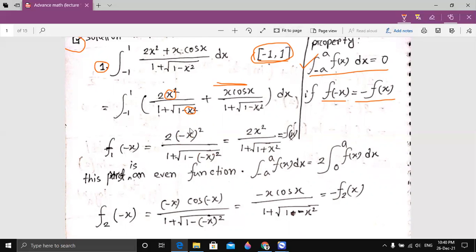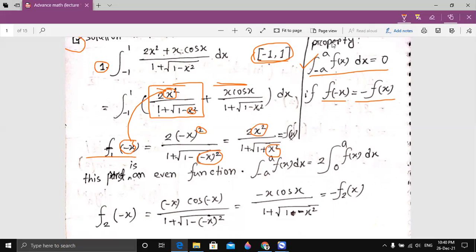So you see here f of minus x, right? Now we are considering this part, the integration from -1 to 1. So we are finding f of minus x. If I plug in the value minus x here and also here, you see minus x squared means plus x squared, and here also minus x squared means plus x squared.